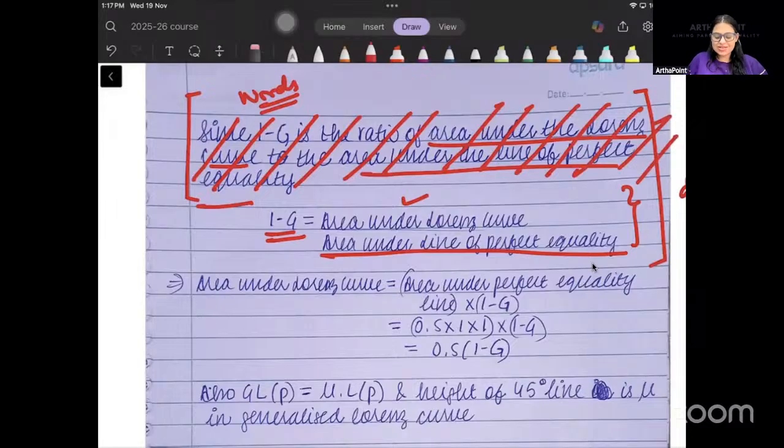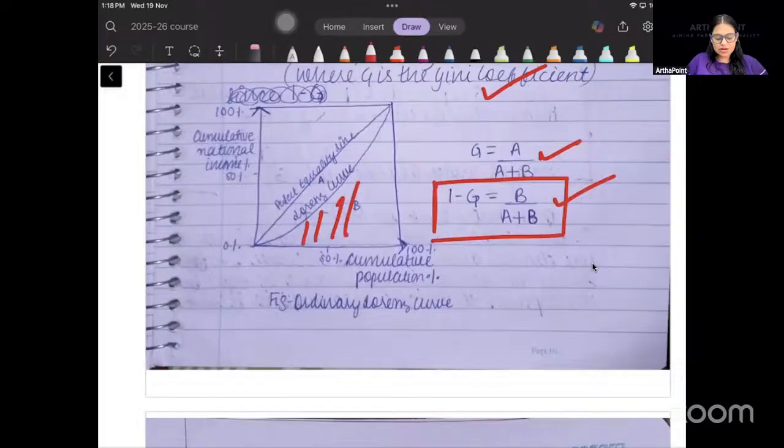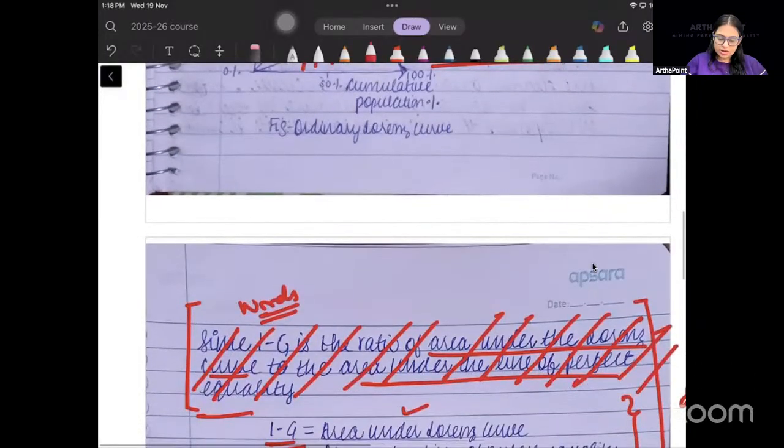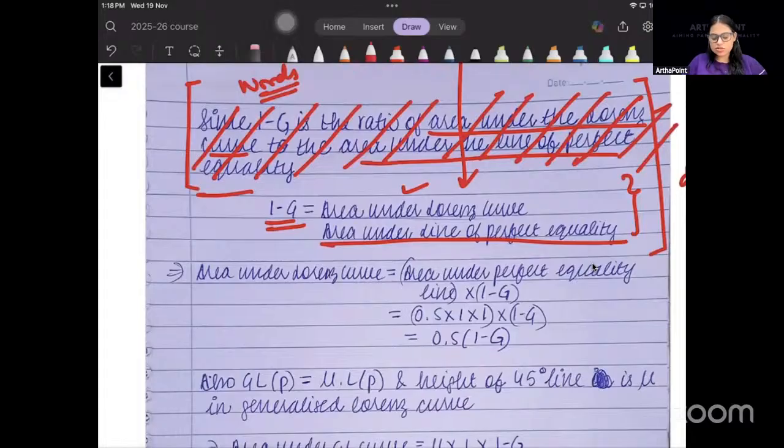Because you've already written here that 1 minus G is B upon A plus B, and B is nothing but area under the Lorentz curve, you are continuing this formula only. So no need to write that line. Directly above this, you can write 1 minus G will be area under Lorentz curve upon area under the perfect line of equality. This is correct.